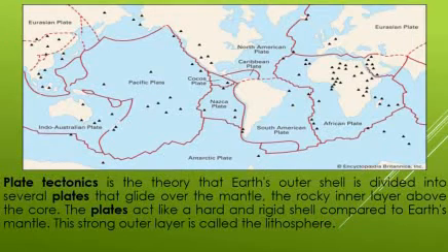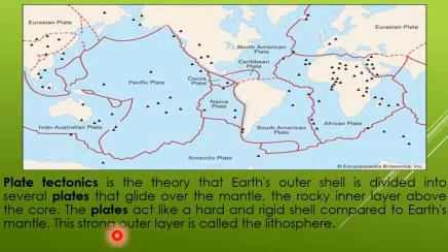Now, plate tectonics is the theory that the Earth's outer shell is divided into several plates that glide over the mantle. And again, pag sinabi nating mantle, it is the rocky inner layer above the core. Nga lang, in viscous liquid form lang siya, or semi-molten rock.